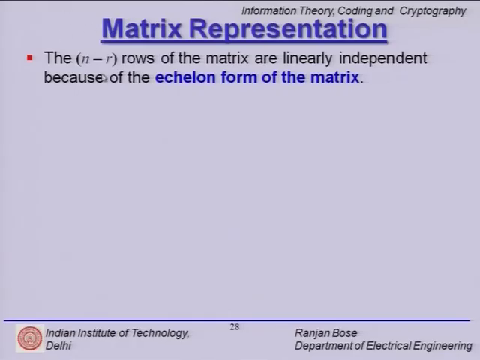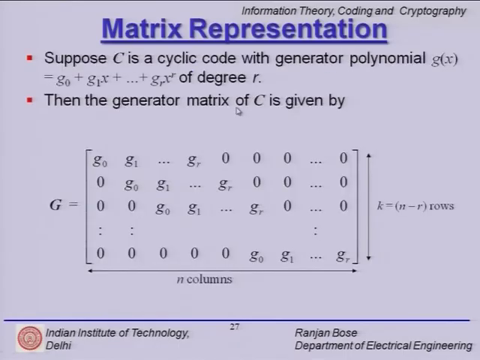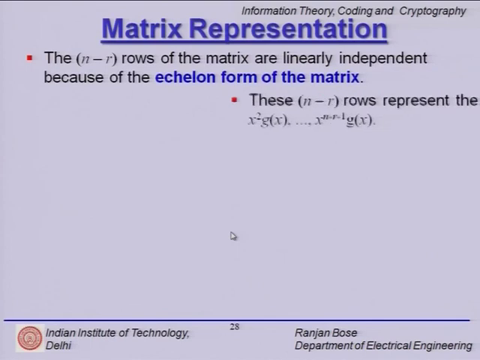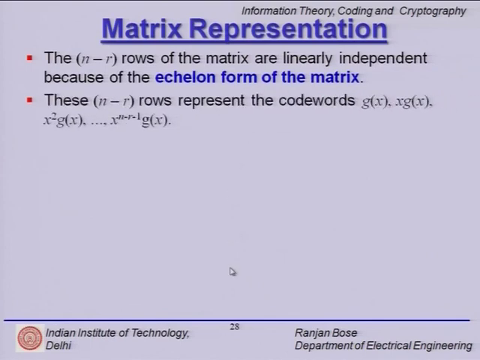Please note that the n minus r rows of the matrix are linearly independent because of the echelon form of the matrix. It is a simple observation. They are linearly independent, and the rows are actually code words. How is that?